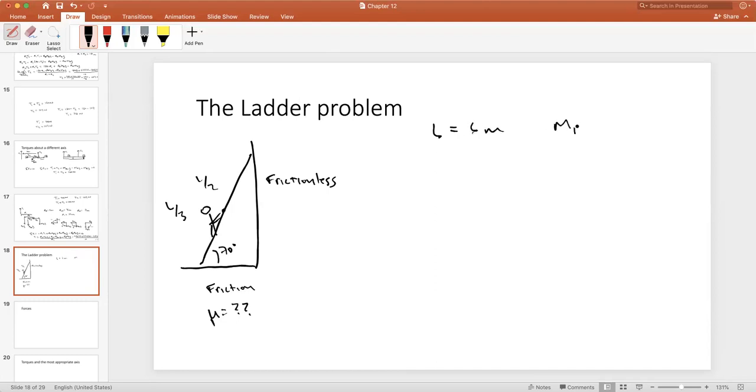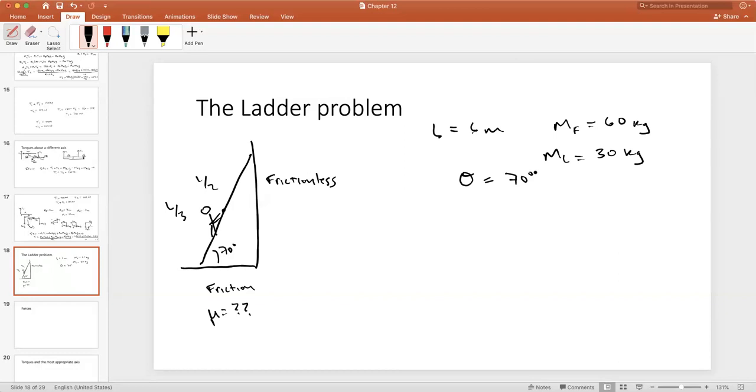The mass of the firefighter, which I'm going to call MF, is 60 kilograms. The mass of the ladder is 30 kilograms. Okay, and that's all we know. And the angle that the ladder is inclined at is 70 degrees.